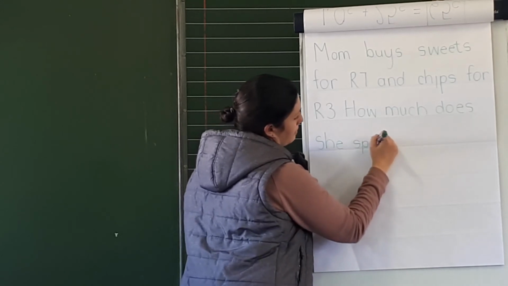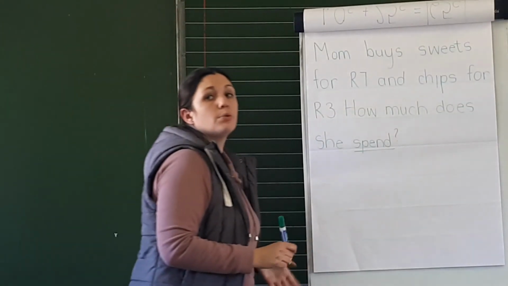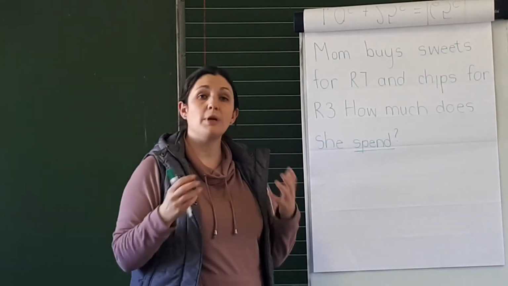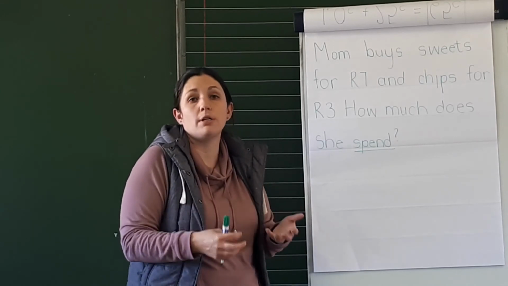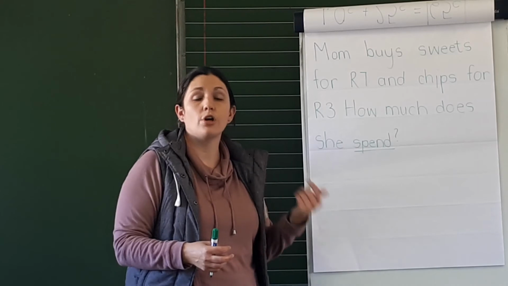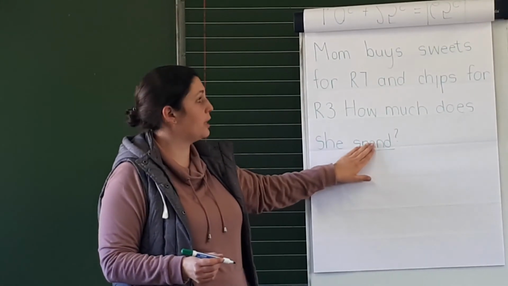When we're talking about money, the word spend over here is another word for altogether, because when you spend money, you've got to add together everything that you've bought to know how much money you need to pay, how much you're going to give over. So this spend over here is another way of saying altogether.